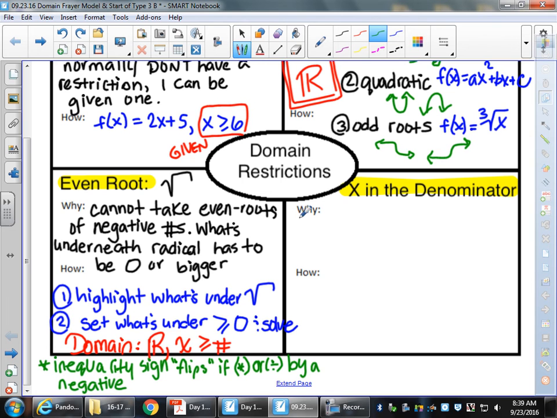Why do we have a restriction when x is in the denominator? Let's all sit up nice and tall. What did we discover yesterday, what can we not do? What can we not do? Cannot divide by 0.